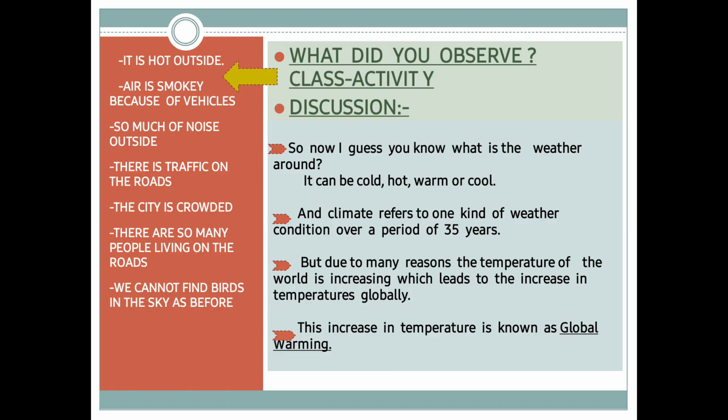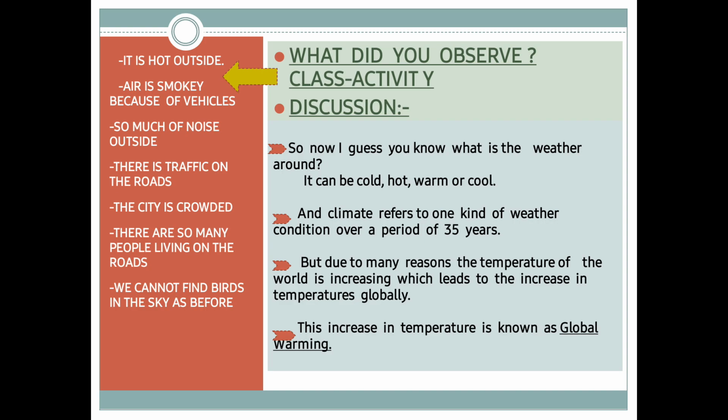But if you want to know about the climate of the particular area, then it is actually the condition of the weather of that particular place over a period of 35 years, which will be clearly stated as the climate of that particular city or place.